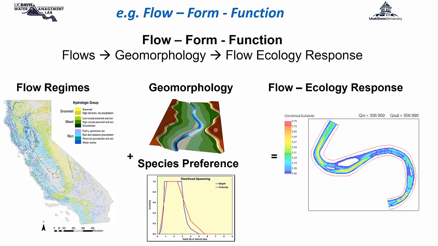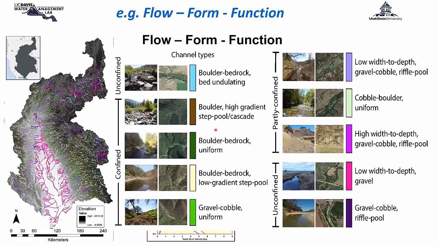Does it look like the quintessential pools and riffles, when the river widens out and gets deep, and then at certain points it starts narrowing down and gets a faster velocity? So those are pool and riffles. We have gone throughout California and generated different field sites, collected data at different field sites, classified those field sites, and then predicted throughout the river network how the channel would look like.